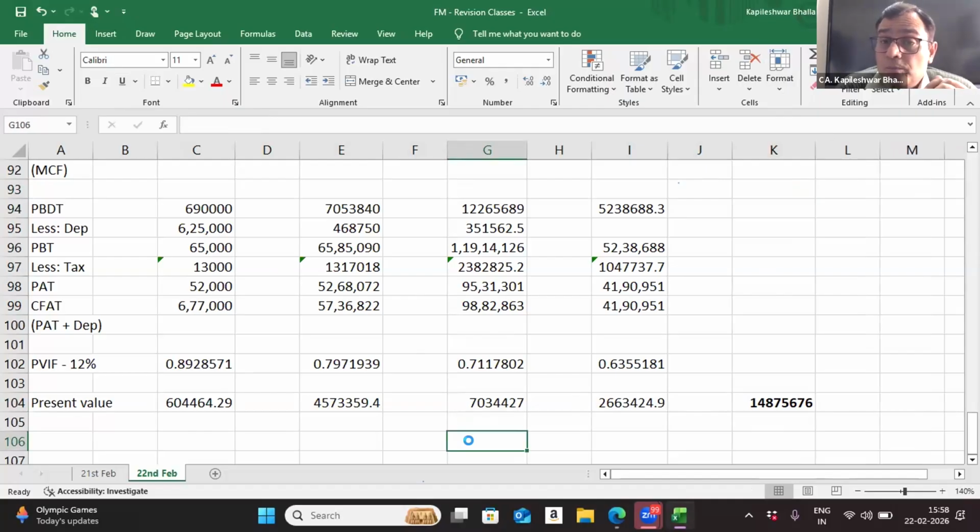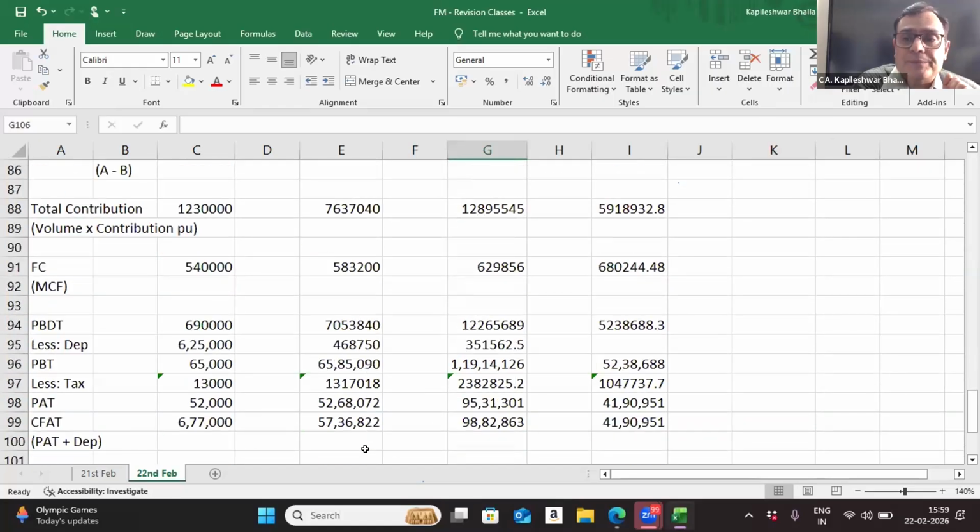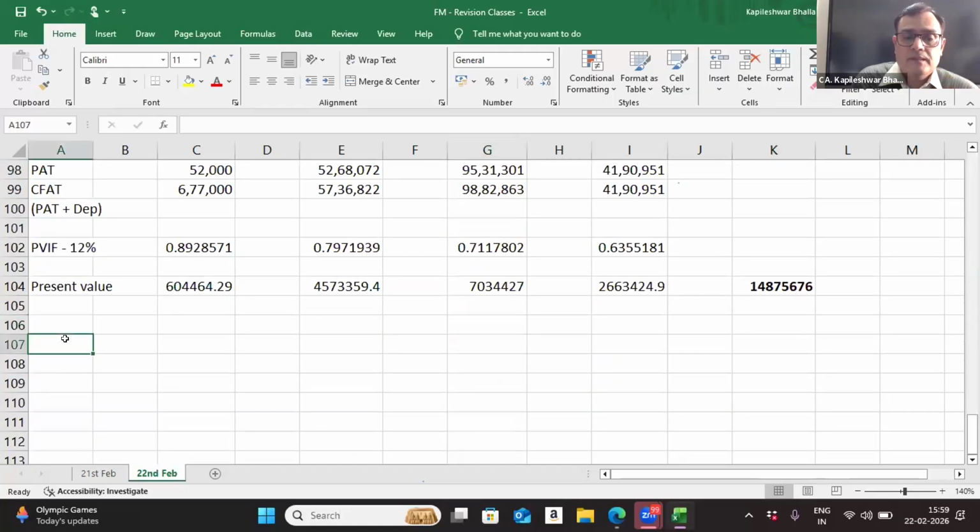So my step number 2B is done. We've done the calculations on the working capital. We've done the CFAT calculations. Then we go on to step number 2C. So now we go to step number 2C, and step number 2C is on what? Terminal value.